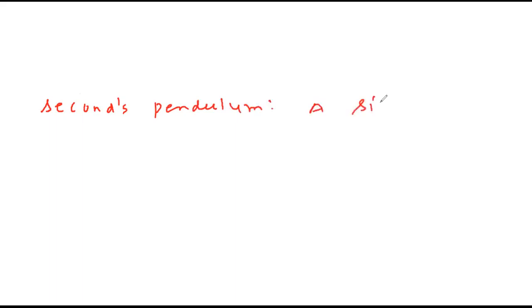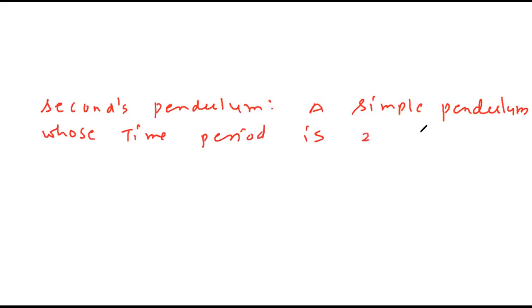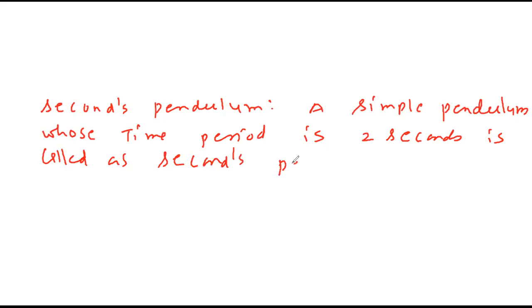A simple pendulum whose time period is 2 seconds is called a seconds pendulum.